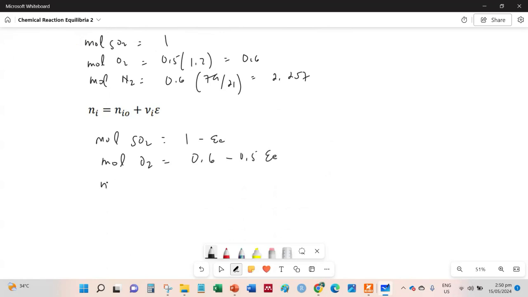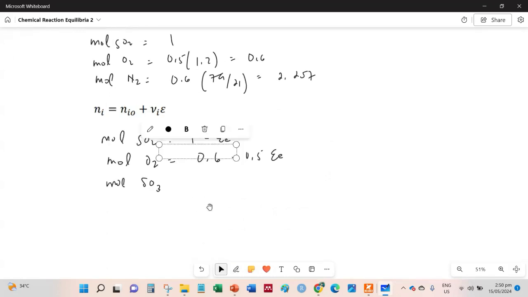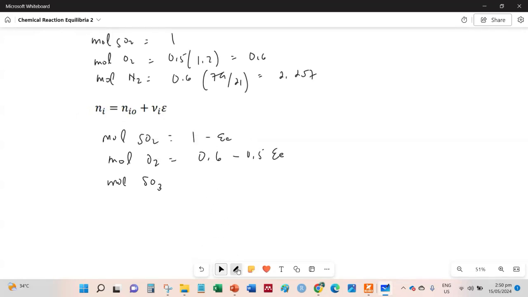Next is SO3. SO3 is a product, so there's no initial and its coefficient is +1.